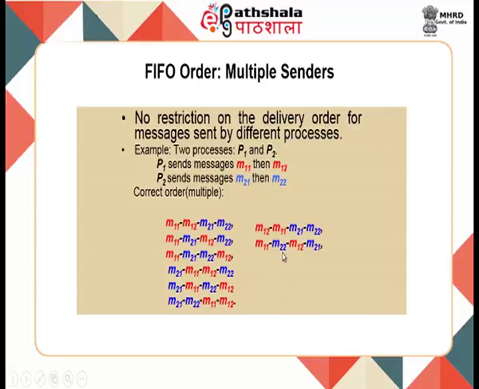So, in this example we see that M22 is followed by M21, and in this example we see that M12 is followed by M11. These are incorrect examples and are not acceptable. So, the ordering of the sender will be respected, but different processes will receive the messages in different interleavings.